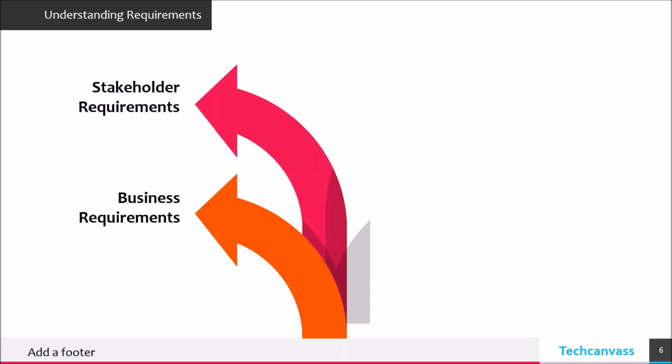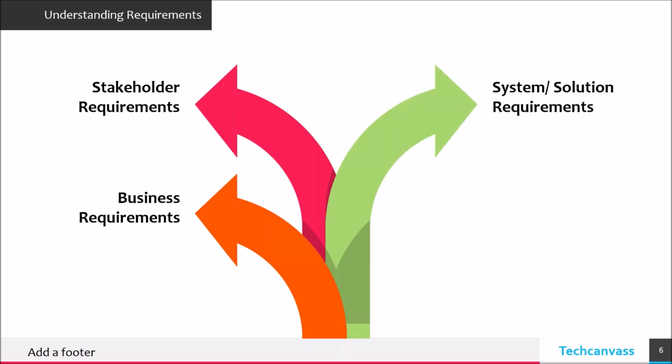Then as a business analyst, you start talking to the stakeholders to understand the requirements of these individuals in the customer organization. Those are known as stakeholder requirements. There will be individual requirements coming from the stakeholders. But you need to remember that these requirements are not good enough for the technical team to develop software.